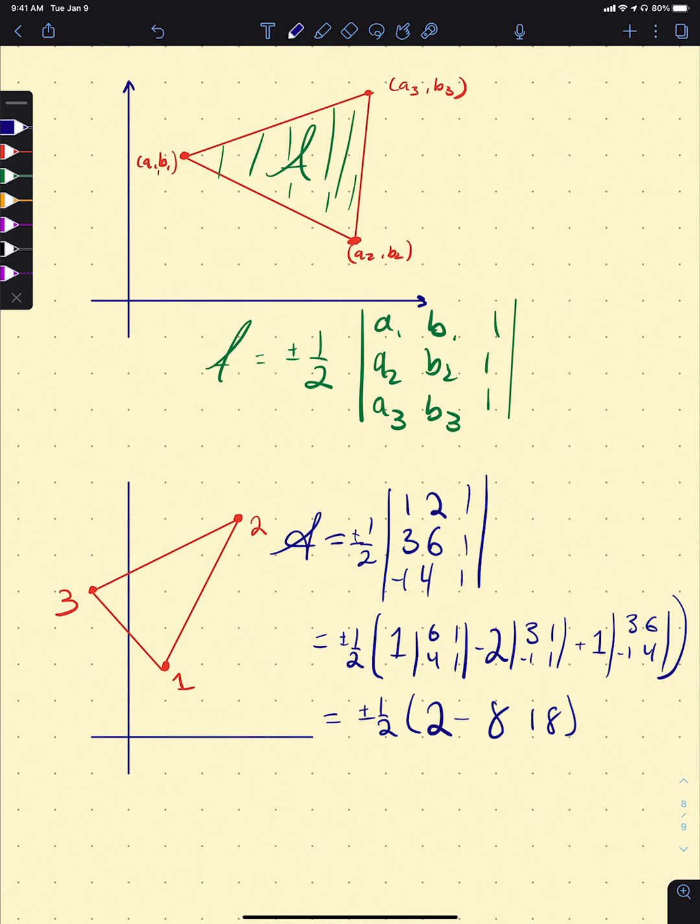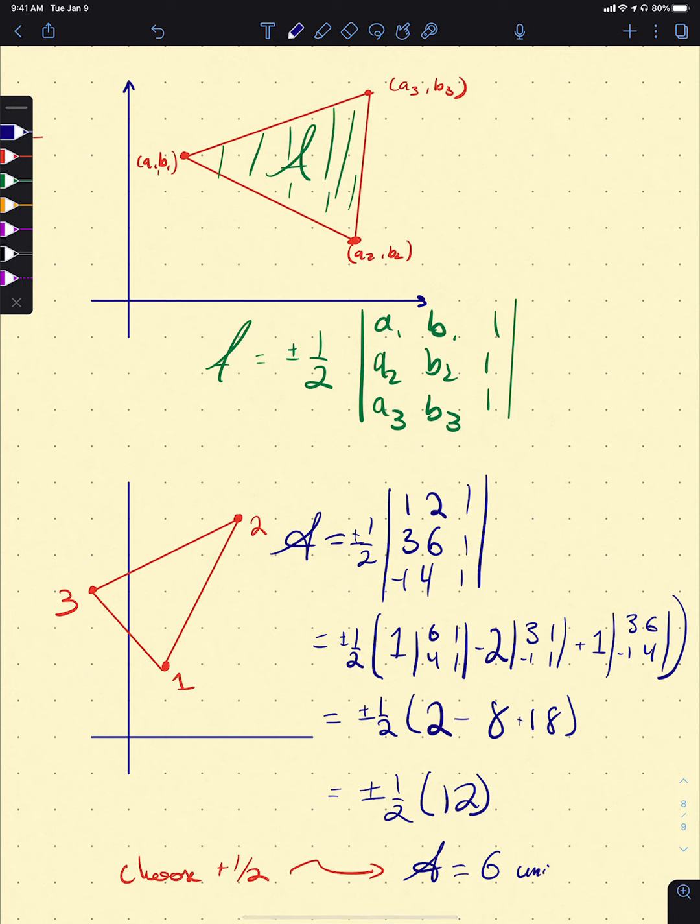Okay, so then adding those up, we're going to have still plus or minus 1/2 times 12. And so we should choose plus 1/2 so that our area does not go negative, right? Because it doesn't make any sense ever to have negative area, okay? And that's going to say that my area is 6, whatever our units are, squared, okay?